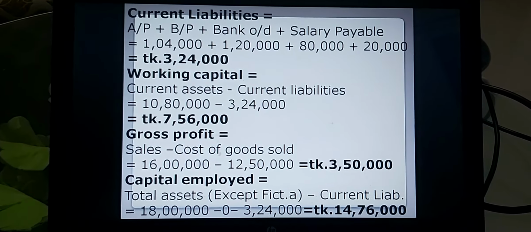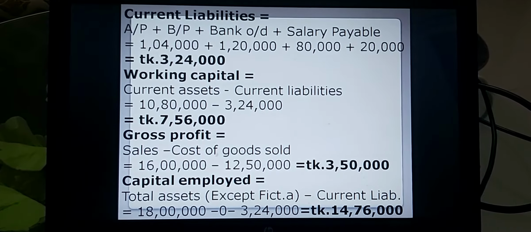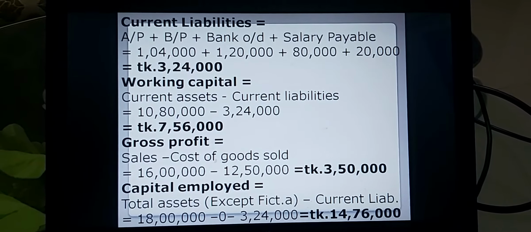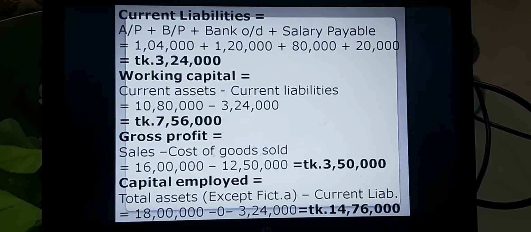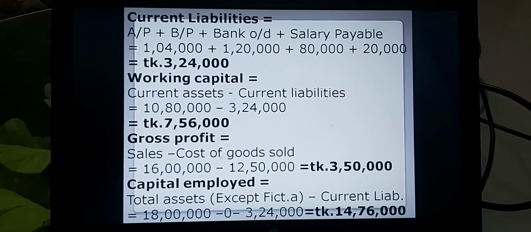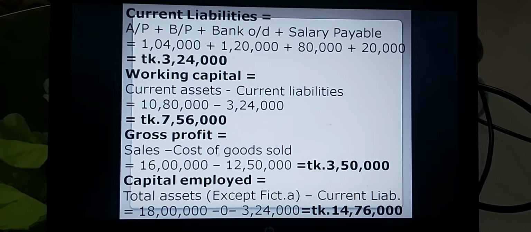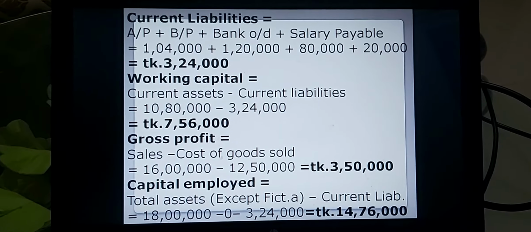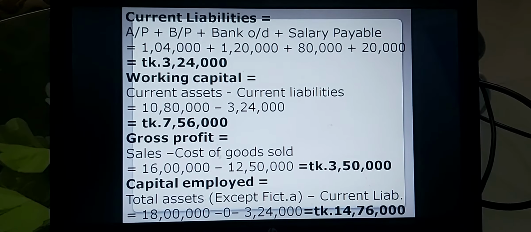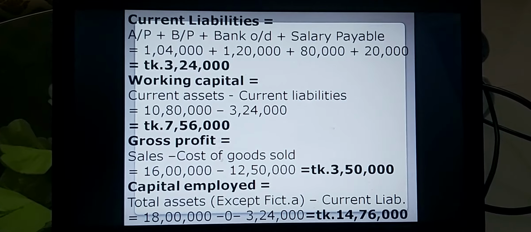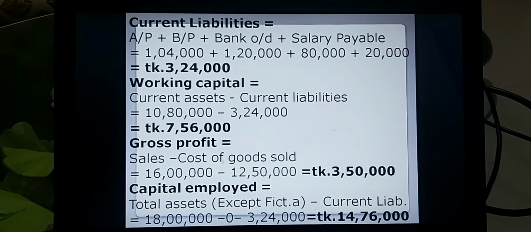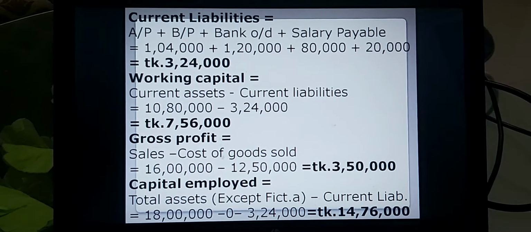Dear boys and girls, in requirement B, another item is capital employed. Do you know how to calculate the amount of capital employed? From the formula, capital employed is total assets except fictitious assets minus current liabilities. You see in the stem, total assets is taka 18 lakh, that is the right side total of assets.